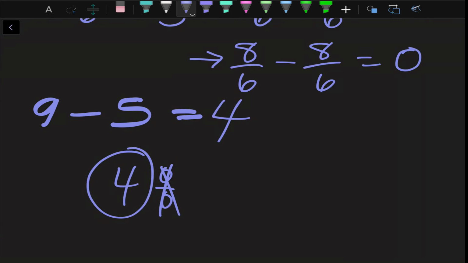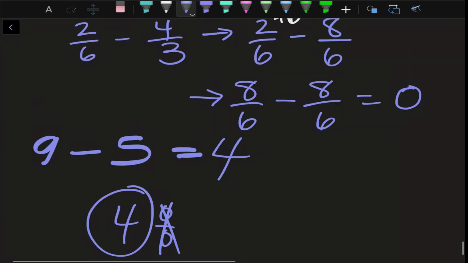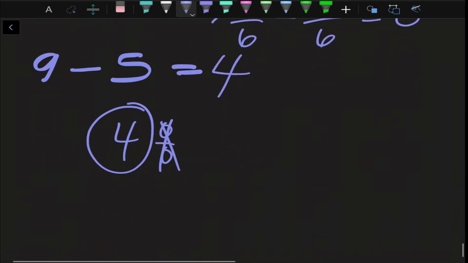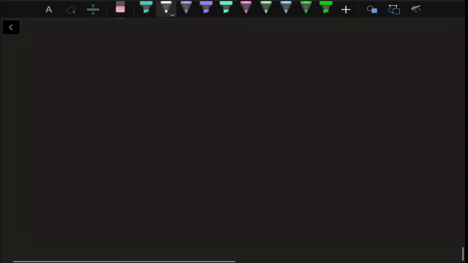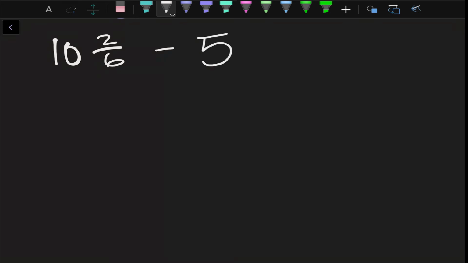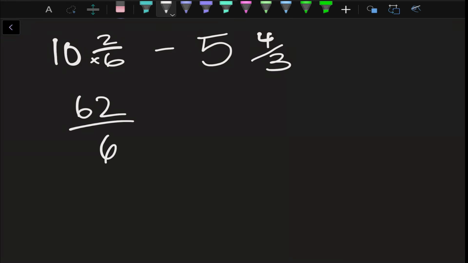Awesome. So for this one, this one has small enough numbers that you'd probably be able to do it by changing things into, what's the word I'm looking for? Oh, improper fractions. Okay, so to get you started, I could help out with this. 10 times 6 is 60 plus 2, 62 over 6, minus 5 times 3 is 15, plus 4 is 19 over 3.